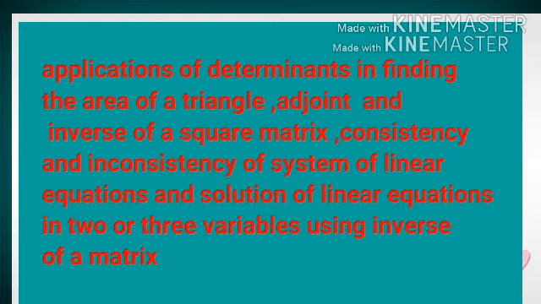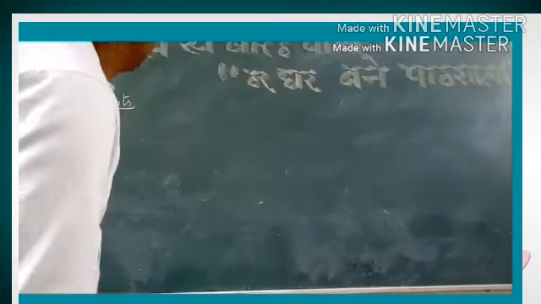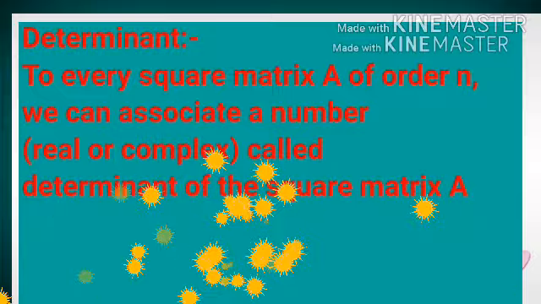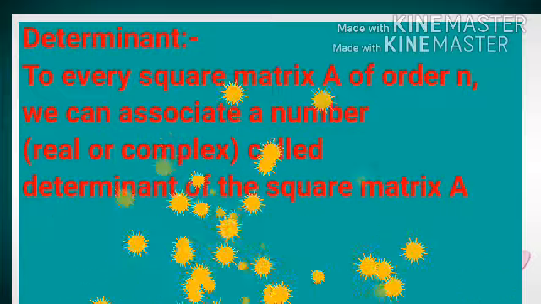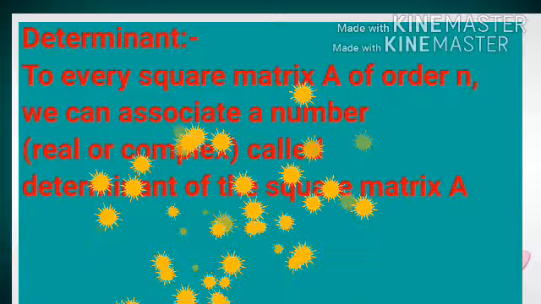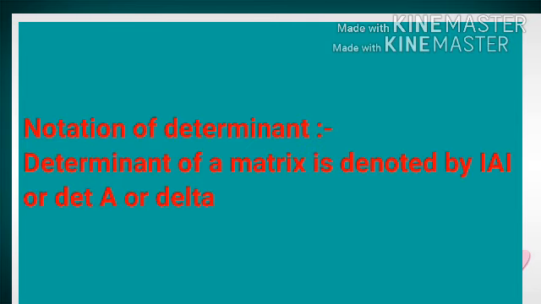There are so many types of matrices, but it is not possible to calculate the determinant of every matrix. To every square matrix A of order n, we can associate a number, may be real or complex, called the determinant of the square matrix A. Notation of determinant: the determinant of a matrix is denoted by determinant A or delta.